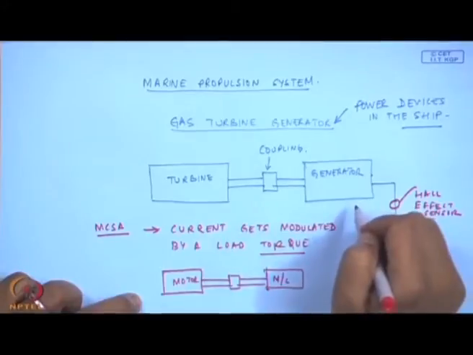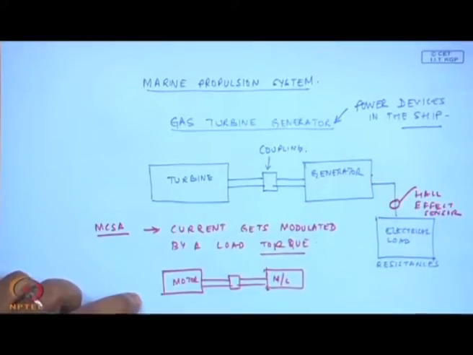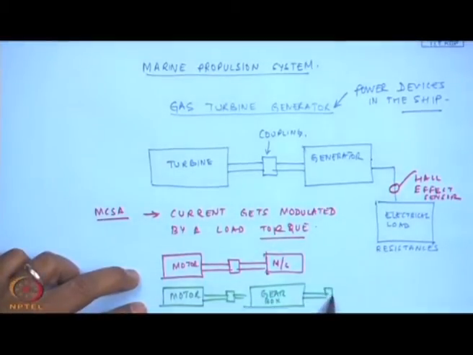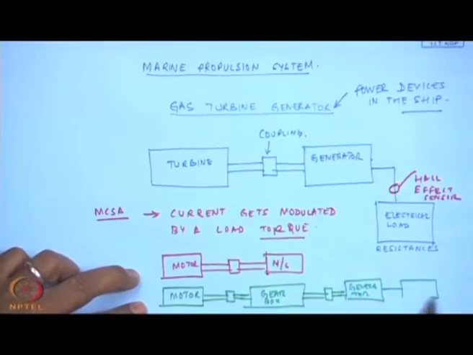Like we had done in the laboratory, I had shown you earlier that we had a motor driving a gearbox, which was coupled to a generator, okay, and then there is a load.